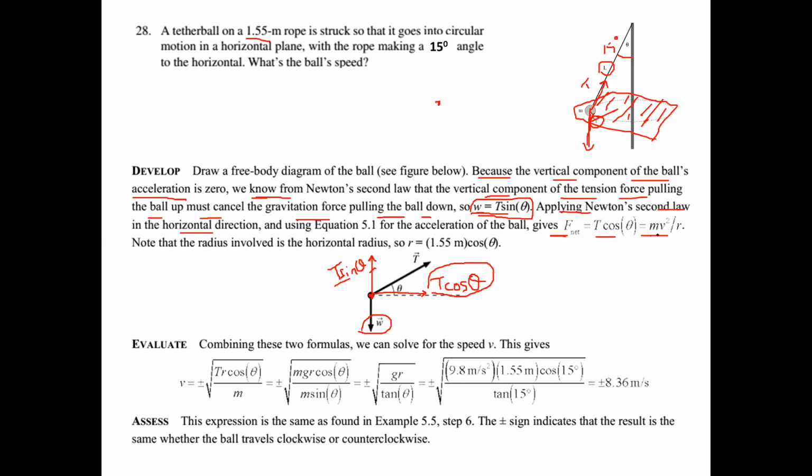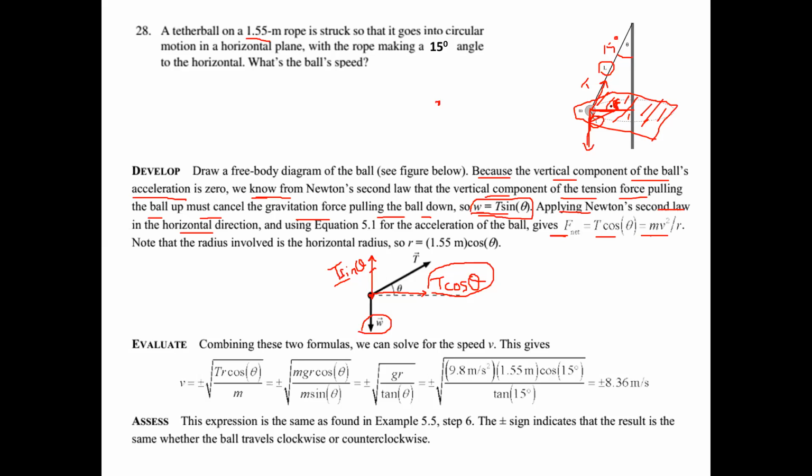M, the mass of your object, times velocity squared over r, the radius of your circular motion path, okay? So in this case, you will find this radius here, right?